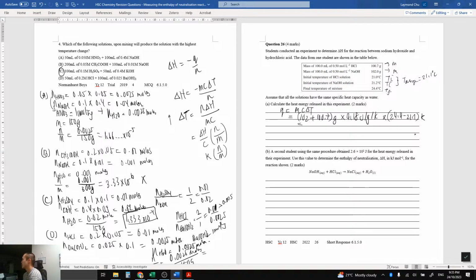So we should be left with some joules value. Let's type that in. 102 plus 1007 in brackets, times 4.18, times 24.4 minus 21.1.